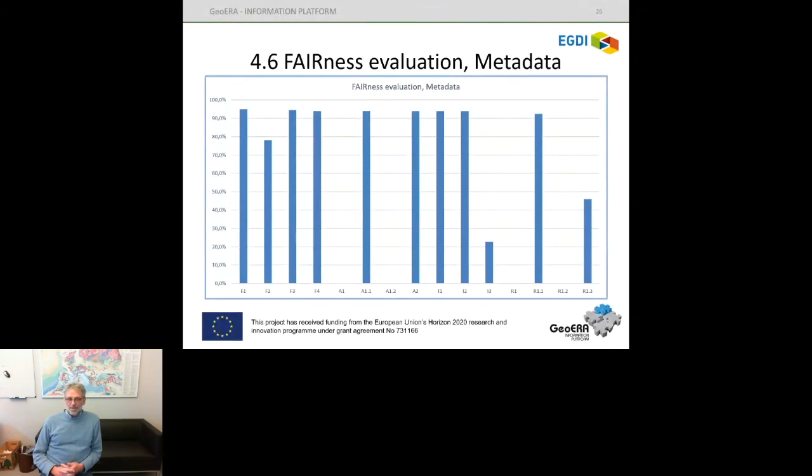So the F1 columns on the left, that's whether they are findable, having IDs so that you can find them. The A's are they are accessible in the right formats and so on. And as you can see, most of these criteria are actually met to a high degree. This is a very good achievement, I think.